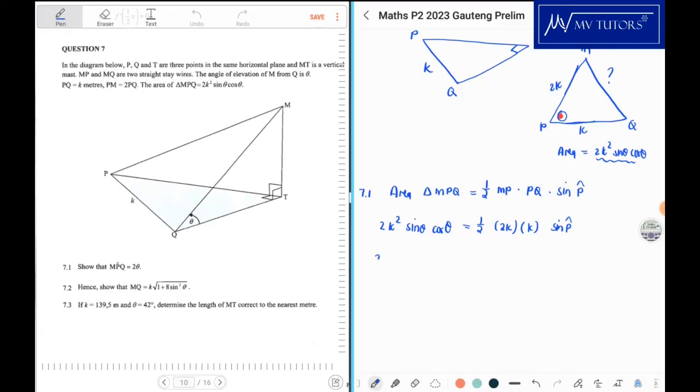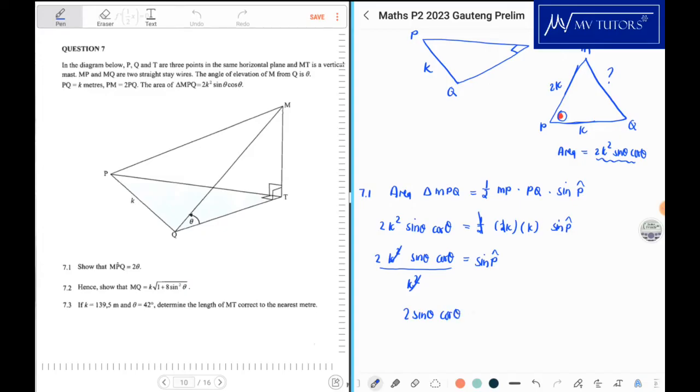So now we still have 2K squared sine theta cos theta is equal to, so the half and the 2 will cancel out, and the K squared I will divide by it, and then I'm left with sine P. All right, so again the K squared cancels out. So now I have 2 sine theta cos theta.